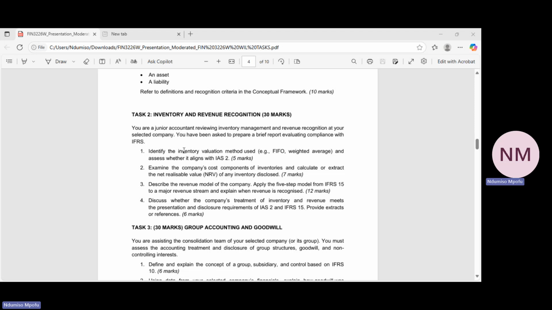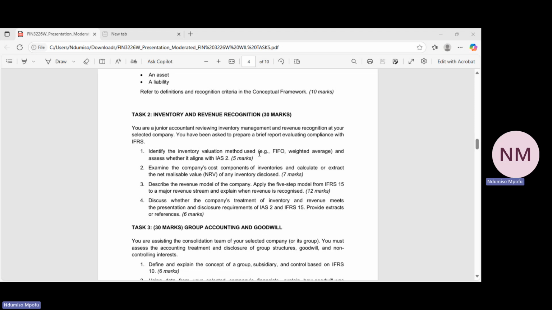So how do we identify the inventory valuation method? As you go through the notes for inventory and revenue, the valuation method that was used will be presented. You'll be told that this company uses first in, first out, or the weighted average method.